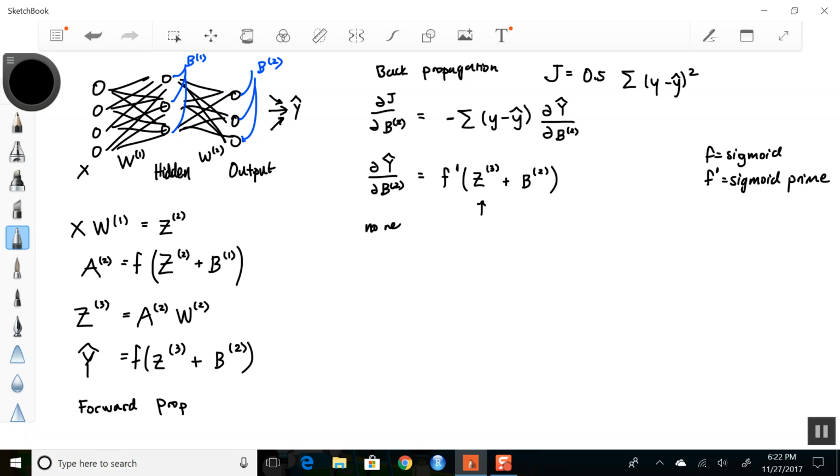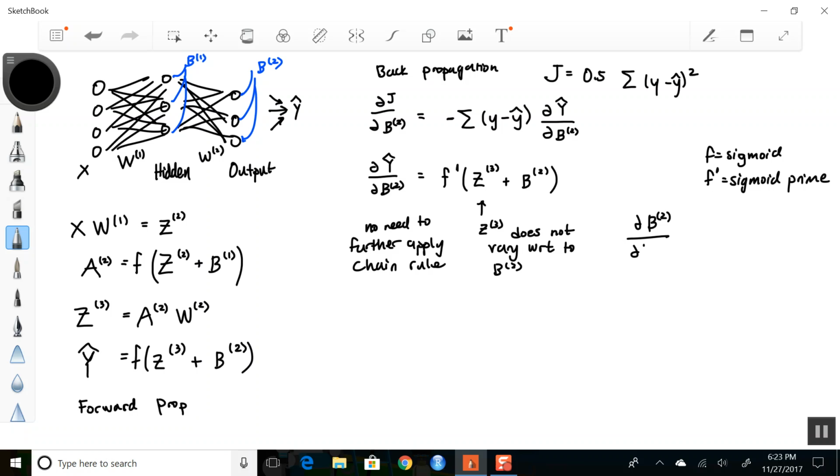Z3 does not vary with respect to the second bias matrix, because Z3 is just the output of the activations multiplied by the second weight matrix. So it does not vary with respect to the second bias matrix, and the derivative of the second bias matrix will just be 1, right?